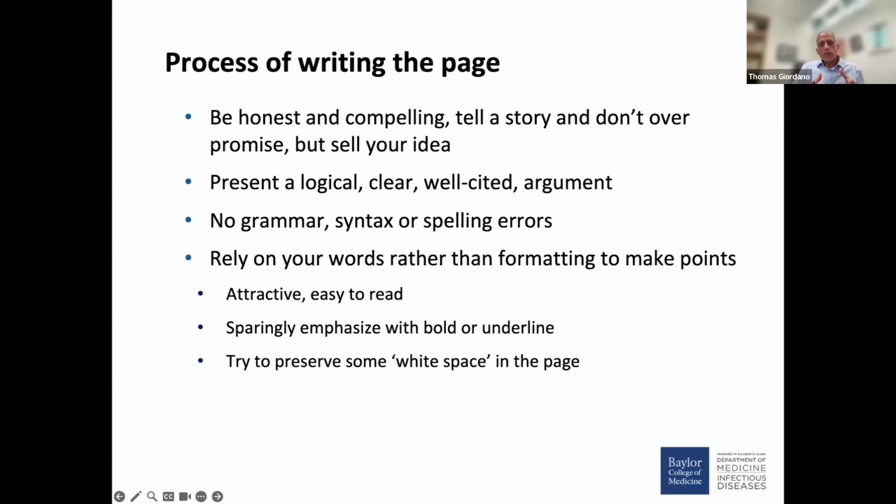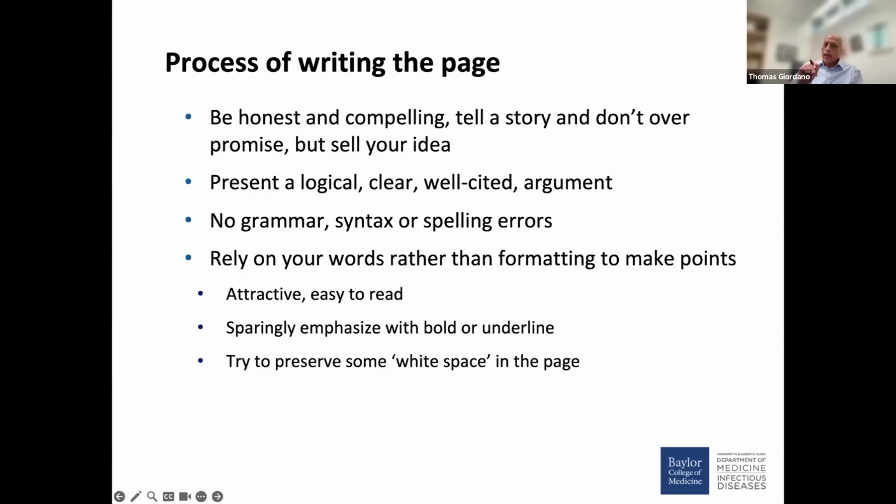So you've got to convince them about why you think this is so important and sell them. And to do that, they're scientists. They're going to want a logical, clear, well-referenced, well-cited argument. And that's your job, to make that logical, clear, well-cited argument for your ideas.